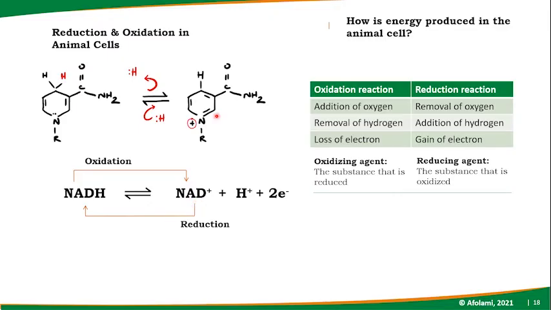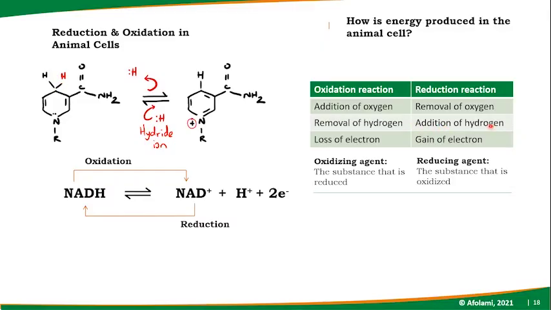But if you're going by the backward reaction, hydrogen here is added to NAD plus in the form of hydride ion. So in the form of a hydride ion, hydrogen is added to NAD plus to become NADH.